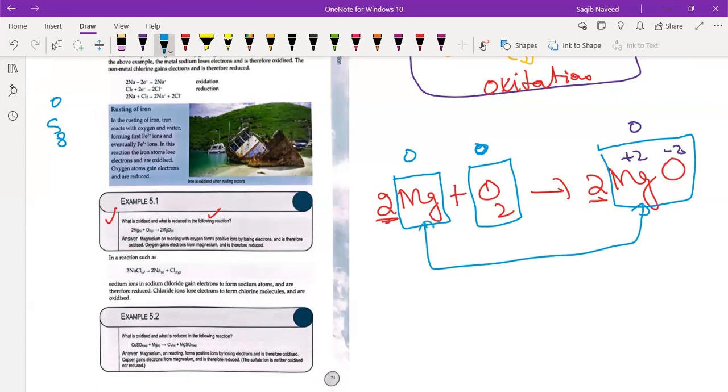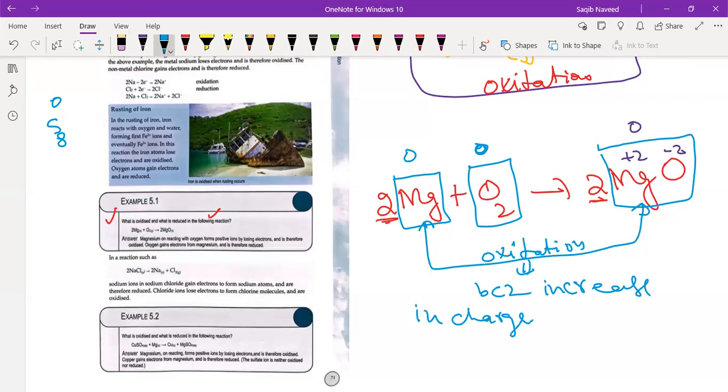So how is the magnesium behaving? Increase in charge. Yes. So oxidation, and you can put the reason: oxidation because of increase in charge.